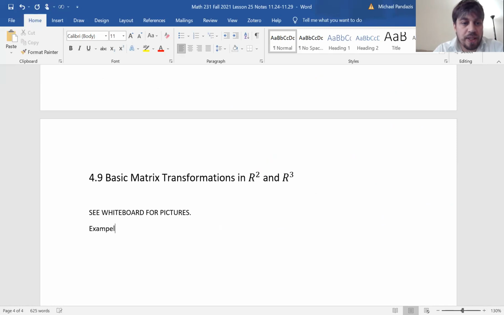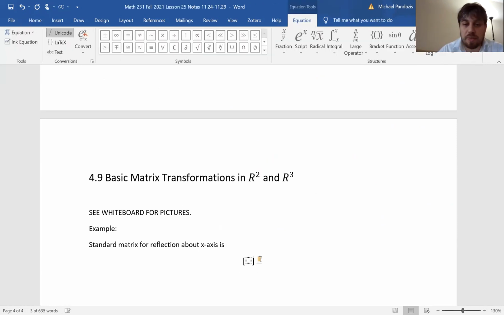So for example, the standard matrix for reflection about the x-axis from the whiteboard is this matrix.